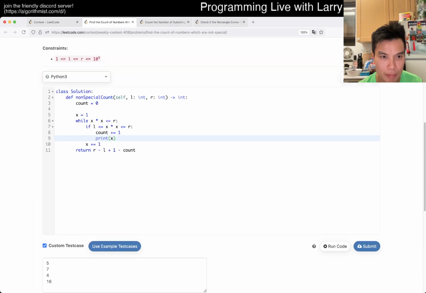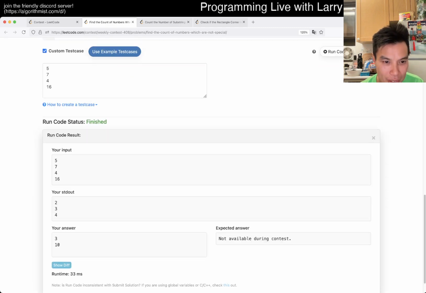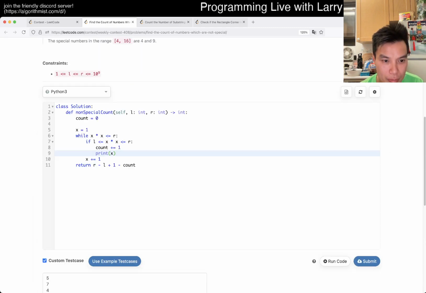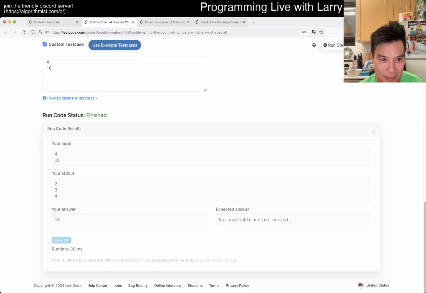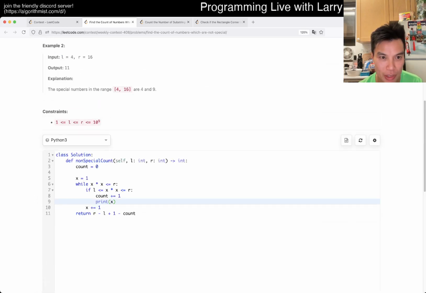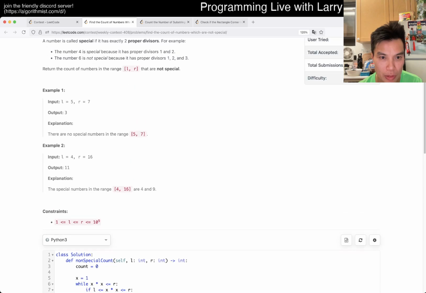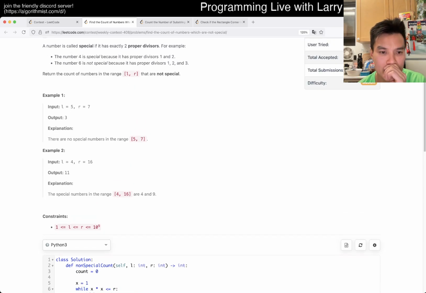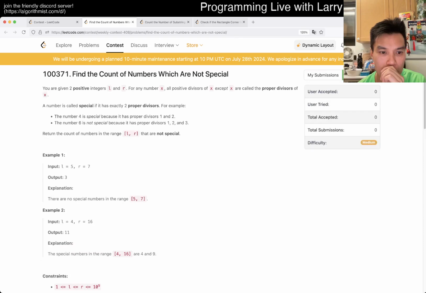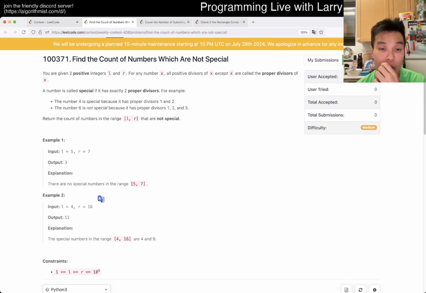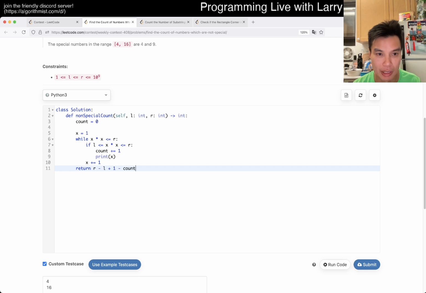What? What is going on here? Why am I so bad at this? This should be a 2, 3, 4 is 3. Oh, 2. So 9 is. Huh? Oh, 16. Oh, that is not right then. Oh, I almost submitted that one.